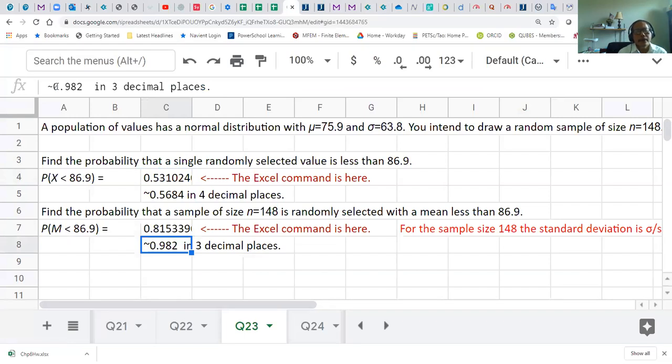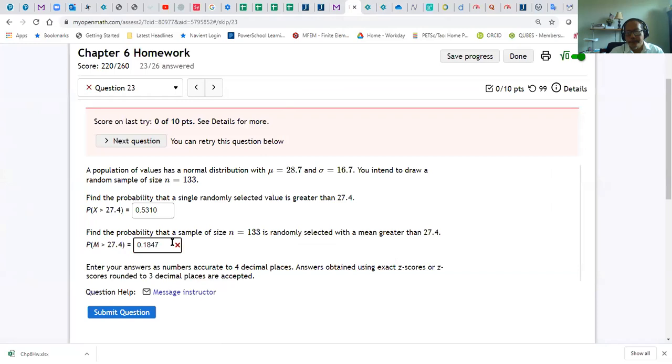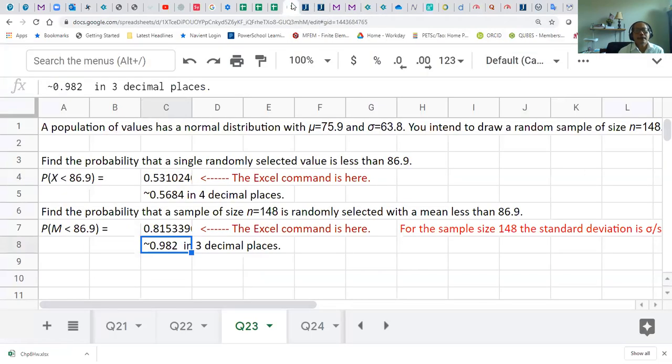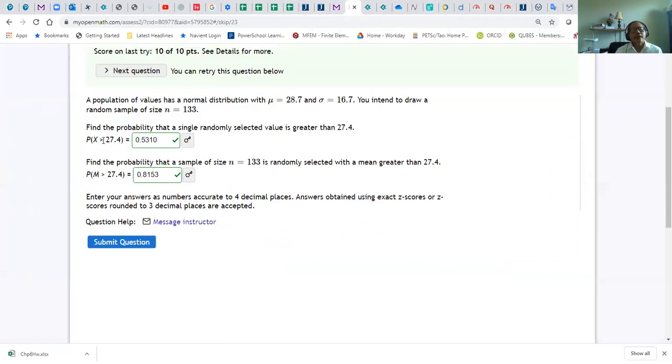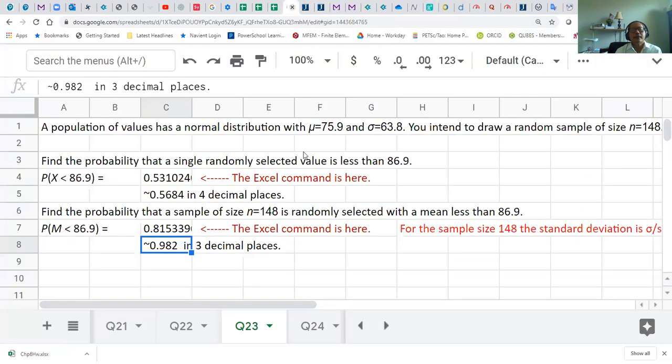So you have 0.8153. Yeah, because it's a greater than, you need to start from 1, okay?